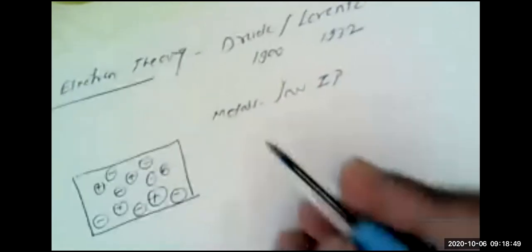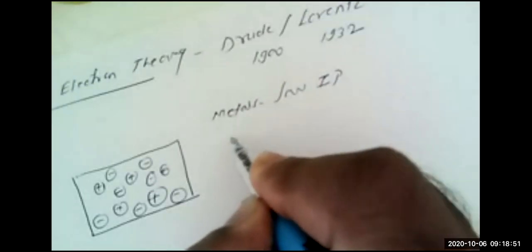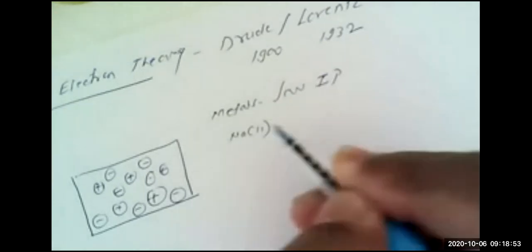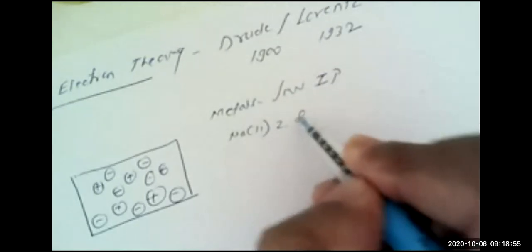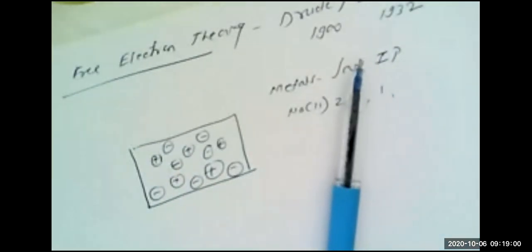For example, if we consider the electronic configuration of sodium, atomic number 11, it has the electron configuration 2 8 1. Now, if we want to remove the single electron, then a certain amount of energy is to be supplied so as to remove this electron.